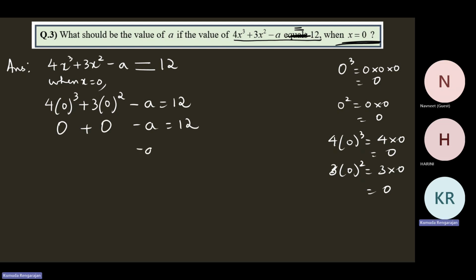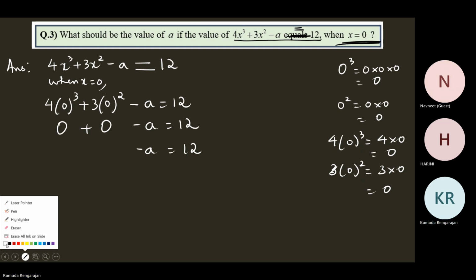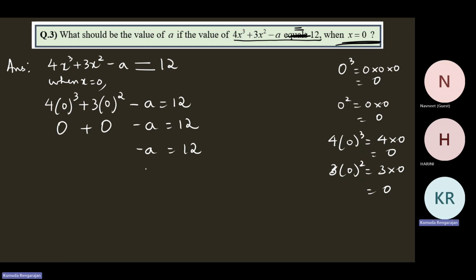So we have minus A is equal to 12. Change the signs on both the sides. Minus A will become plus A, and plus 12 will become minus 12. So A is equal to minus 12.